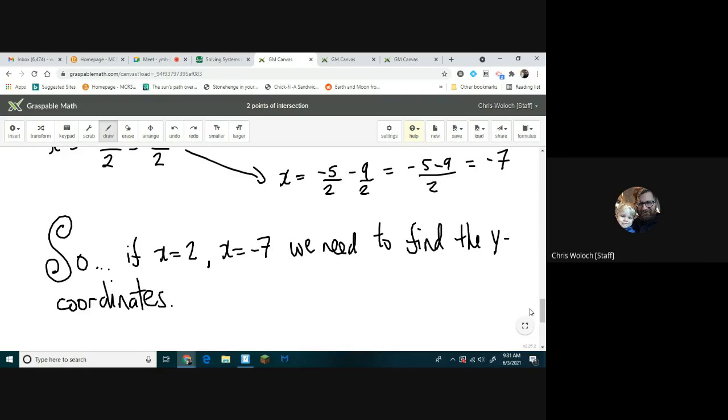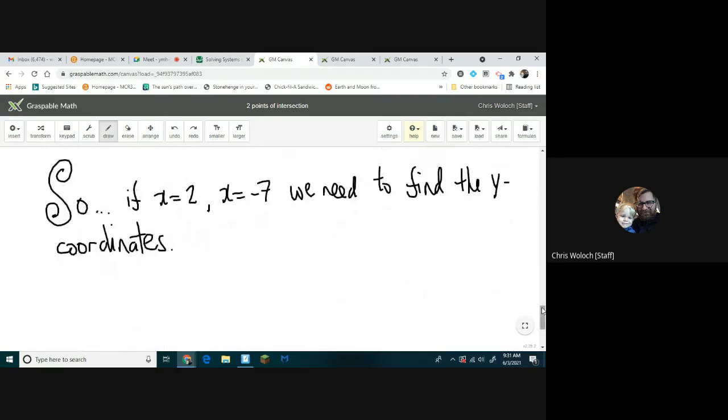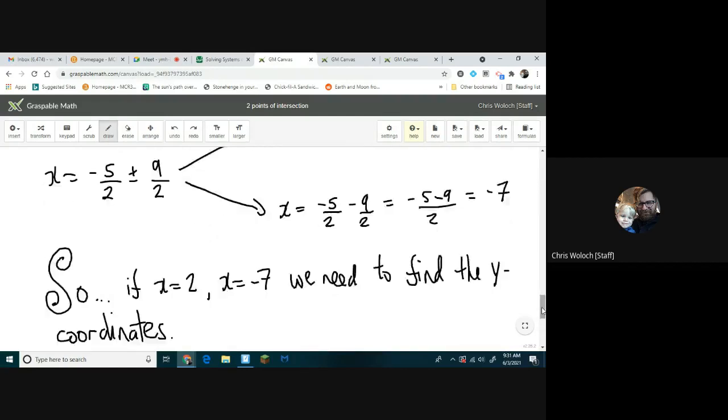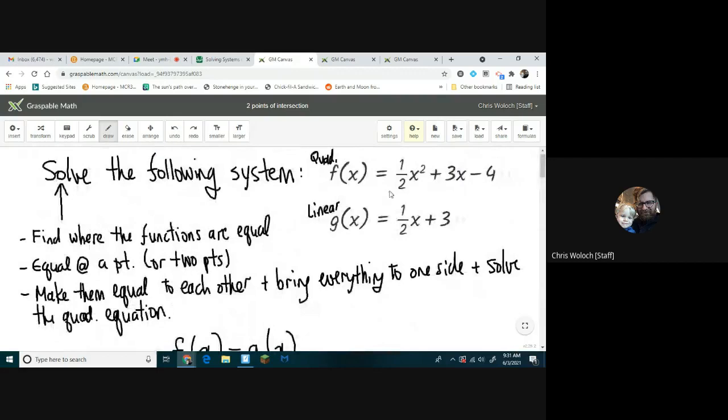All right. So what that means is that I have to take x is 2 and x is -7 and plug it into either f of x or g of x. Now, it doesn't matter which one you plug it into. All right.